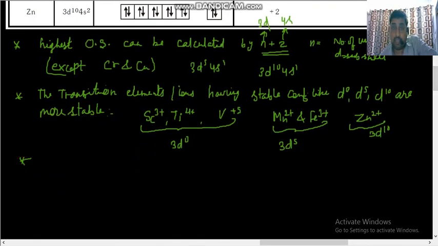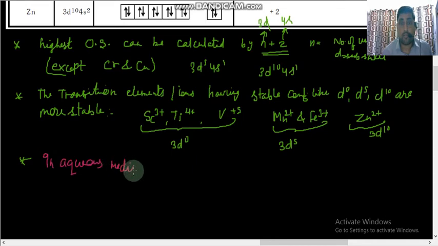Now see the next point. In aqueous medium, chromium 3+ is stable.